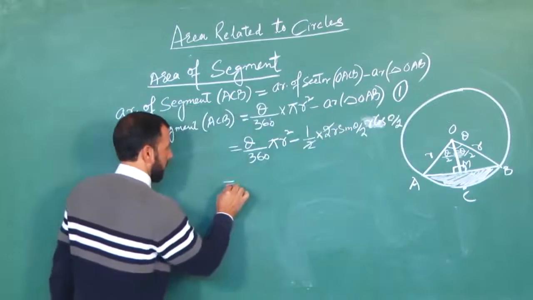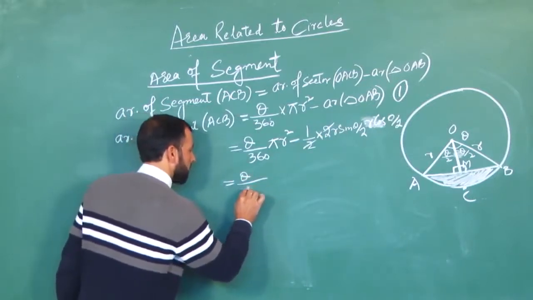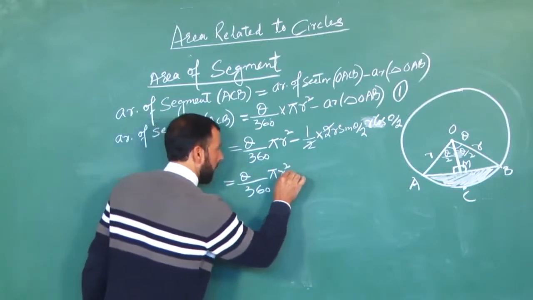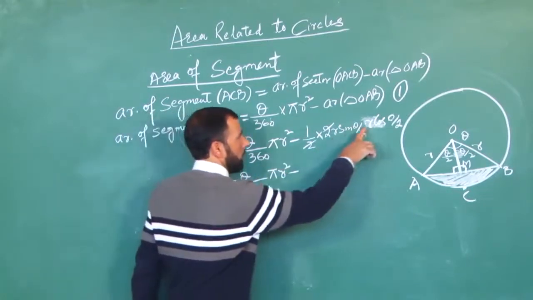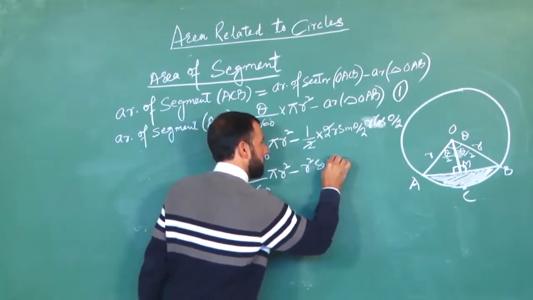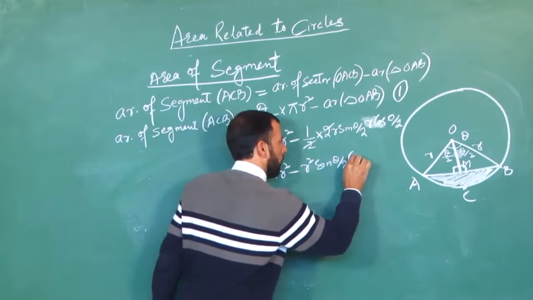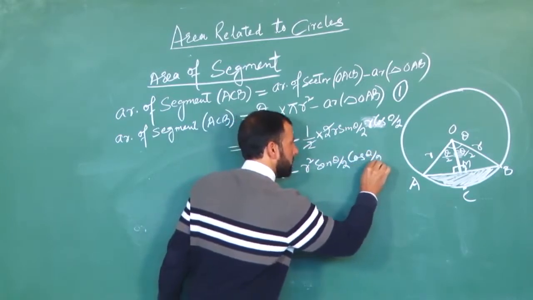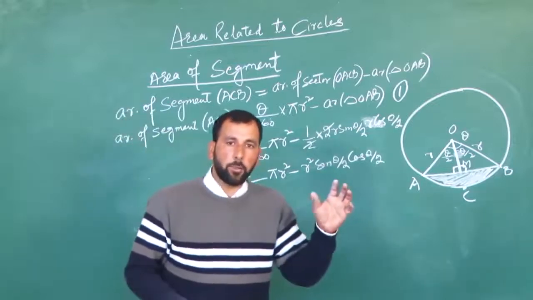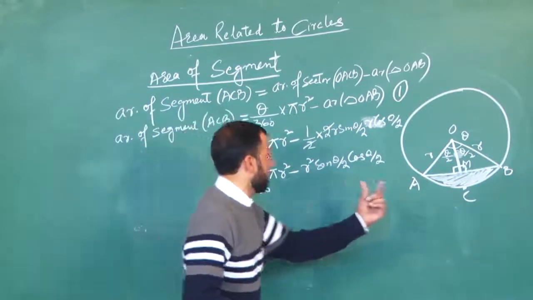We get theta divided by 360 into pi r square minus R into R, that is R square, sin theta by 2 into cos theta by 2. This is the formula for finding the area of the segment of a circle.